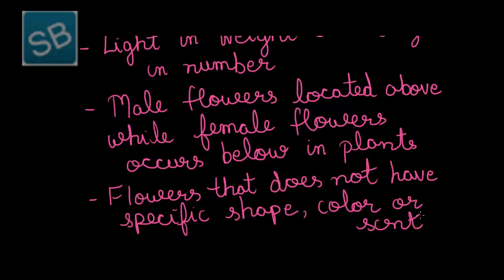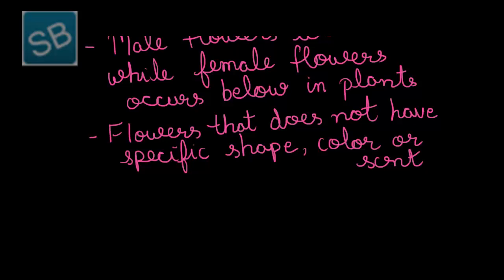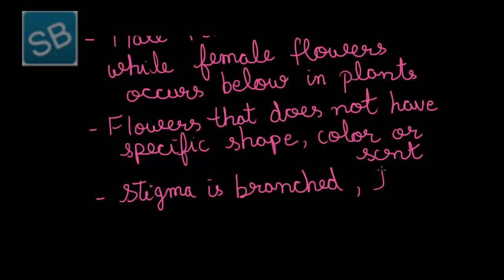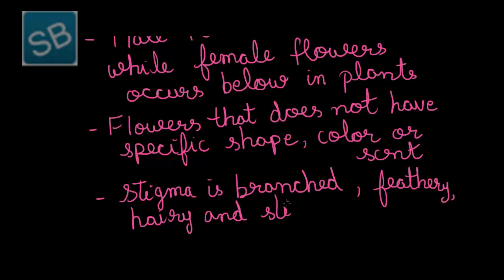And due to this, the pollen transfer by wind becomes easy. Apart from this, the stigma of such flowers is branched, feathery, hairy and sticky. Examples of flowers which possess such a type of pollinating agent include maize, grass and coconut.